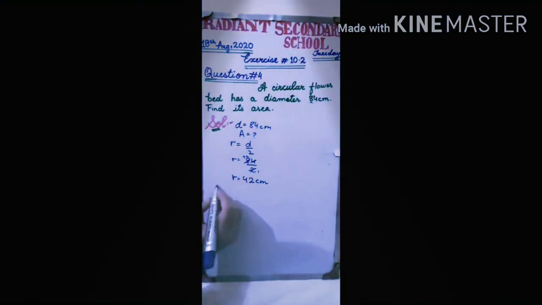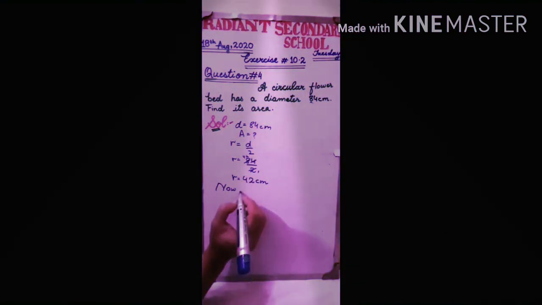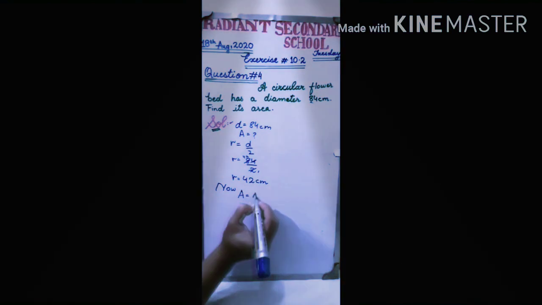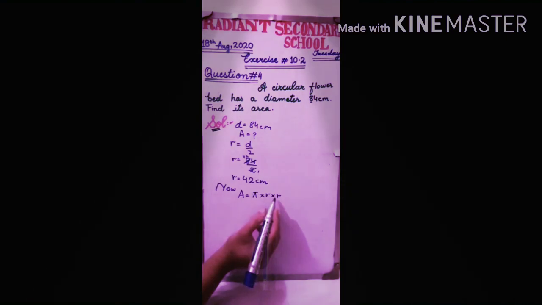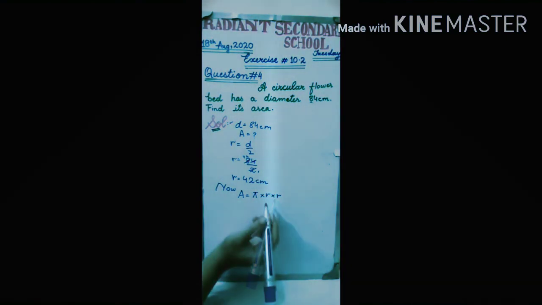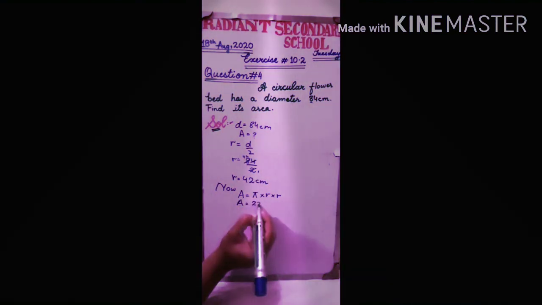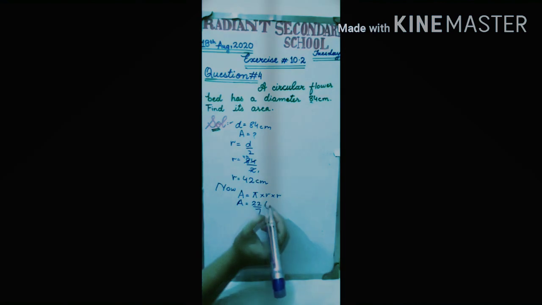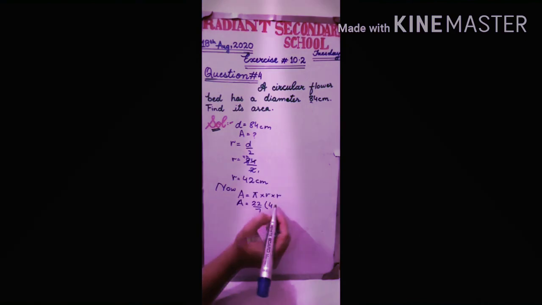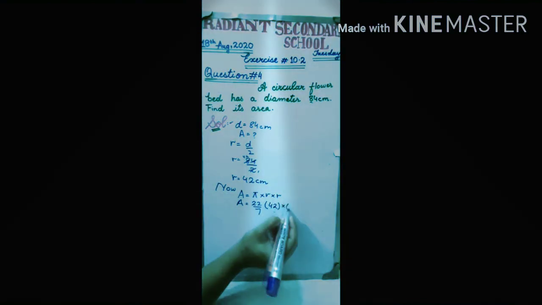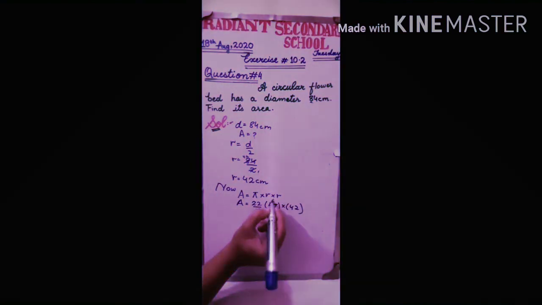Now actually we have to find the area. So the formula of area is pi multiplied by r multiplied by r. Okay. R square, or you can write r multiplied by r. Same thing. Now put the values here. The value of pi is 22 by 7. R is 42. Again r is 42. Now simplify it. 7 ones are 7. 7 sixes are 42.